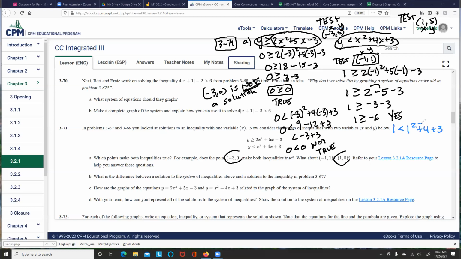So 1 is less than 1 minus 4, which is negative 3, plus 3. So 1 is less than 0. Is 1 less than 0? No. 1 is not less than 0. So it means -1, 1 is not a solution.